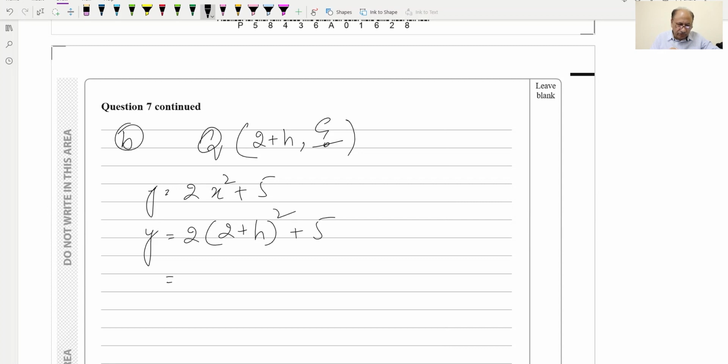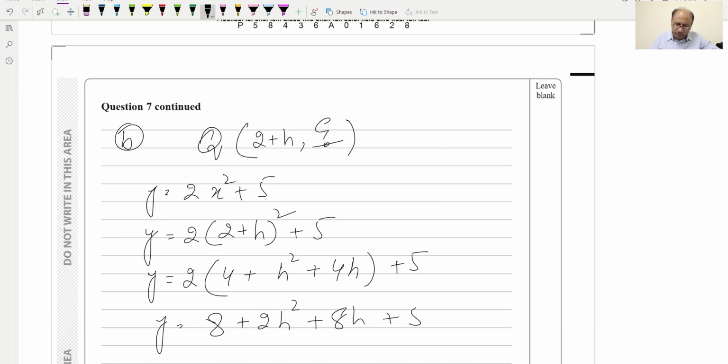This will be 2 into (4 plus h squared plus 4h) plus 5, and this will be equal to y. So y will be equal to 8 plus 2h squared plus 8h plus 5.